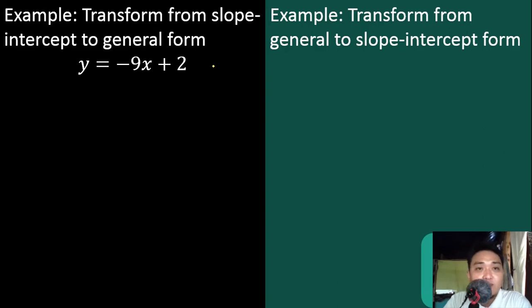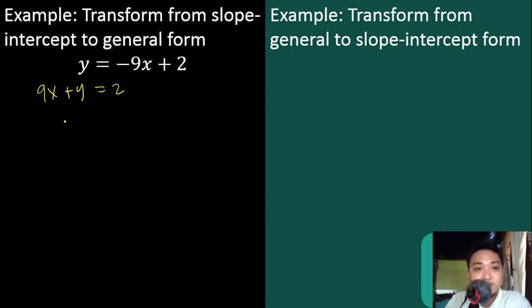Let's say we want to transform, again, what is the form of this equation? The form of this equation is in the slope-intercept form, and we want to translate it into general form. So let us try. So all we have to do is to transpose negative 9x to the other side, diba? So magiging positive 9x plus y is equivalent to 2.